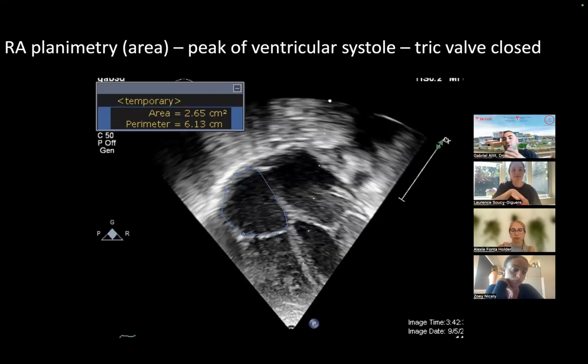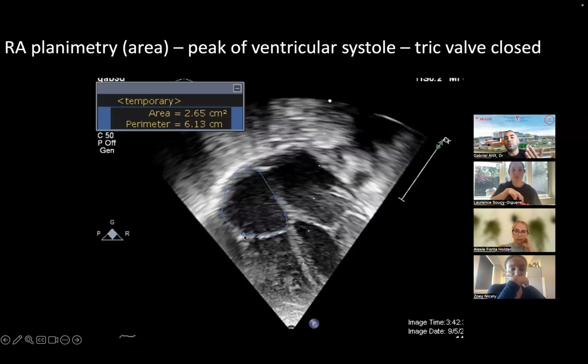Because of that, your right atrium may not have an opportunity to completely offload itself at tricuspid valve opening, especially if there's no ASD to offload to, or if the LA pressure is increased as well. So the RA might not be able to completely empty itself, and you can start to get some degree of RA dilatation. So that's one of the markers we'll measure, for example, in research.